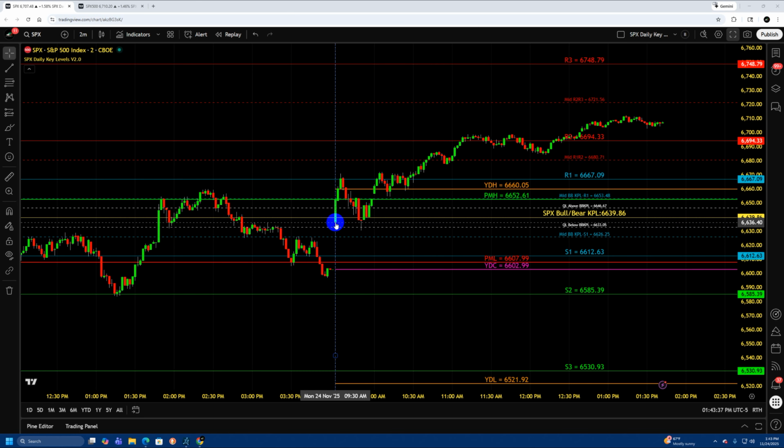Now, as we stated earlier, this one did close above the bull bear key price level, so that is the bullish entry signal for taking a trade on the 9:30 a.m. candle.